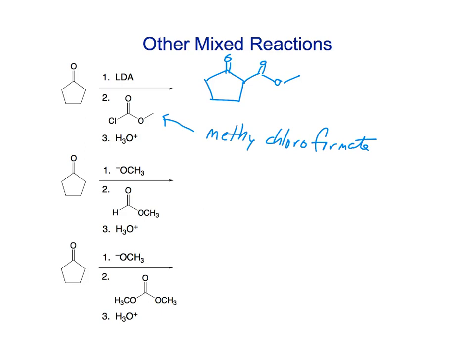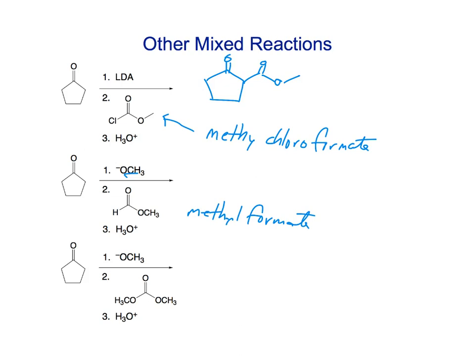So in the next one, I'm using methoxide, and I'm adding it to methyl formate. Right, it's the methyl ester of formic acid.